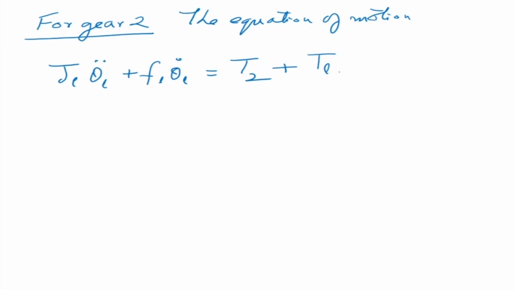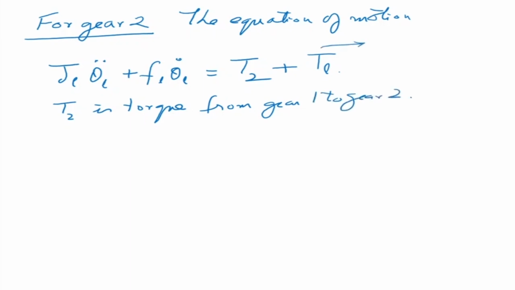T2 is torque from gear 1 on gear 2, and tau L is from the link. When the link is rotating, there is a disturbance torque, which is also called dynamics, the dynamic torque actually. So this is from my link. Let me call this equation 3.